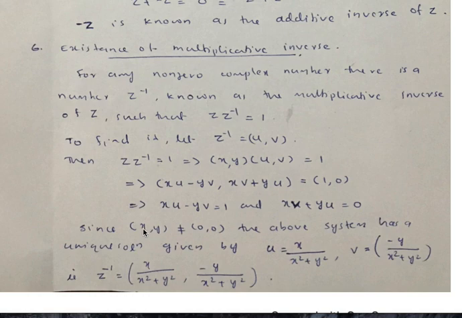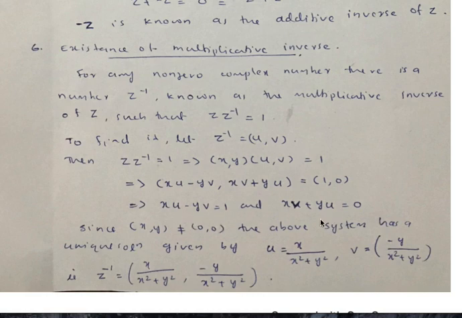Since your assumption is (x, y) not equal to (0, 0), this system will have, you can use Cramer's rule or something, you can make the coefficient matrix and see that its determinant is non-zero. Whenever the determinant is non-zero, the system will have a unique solution, right?